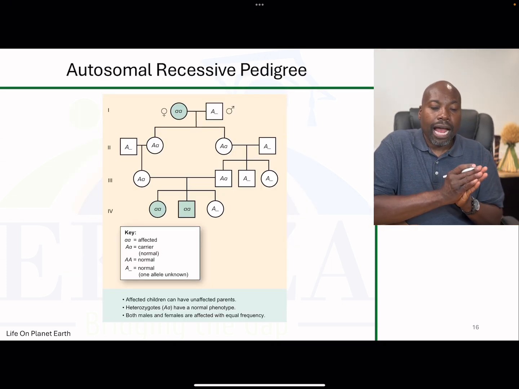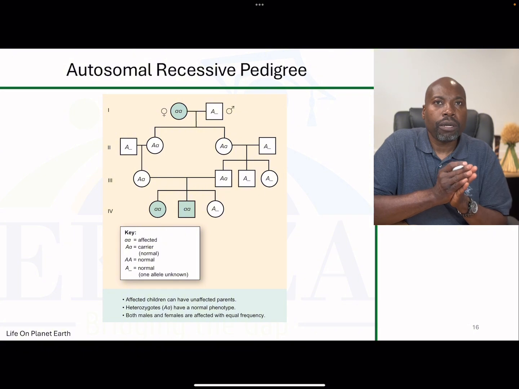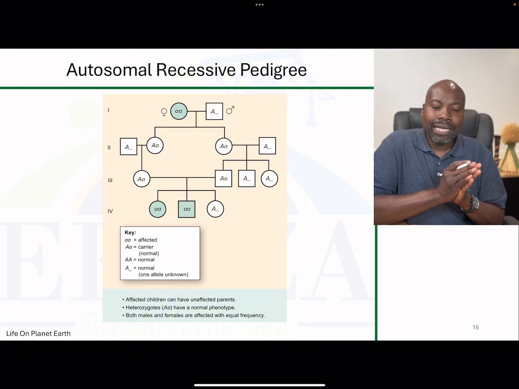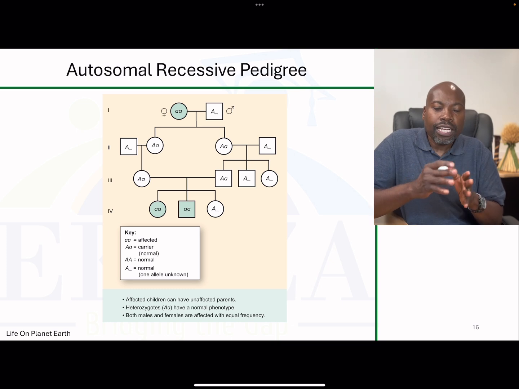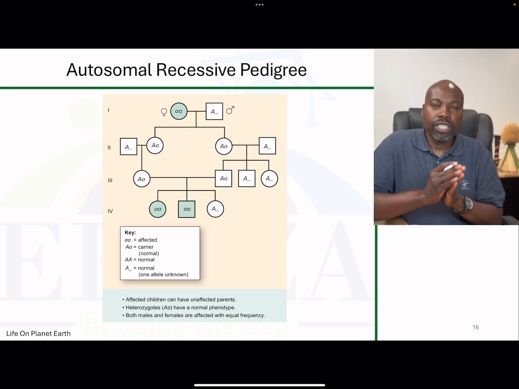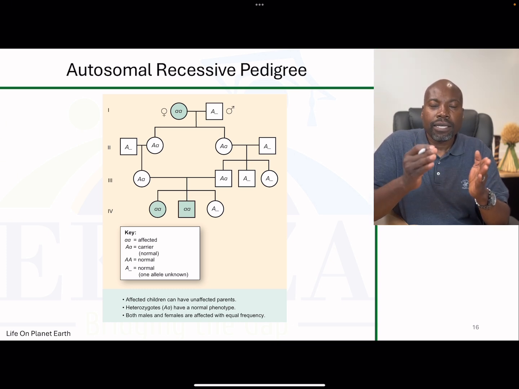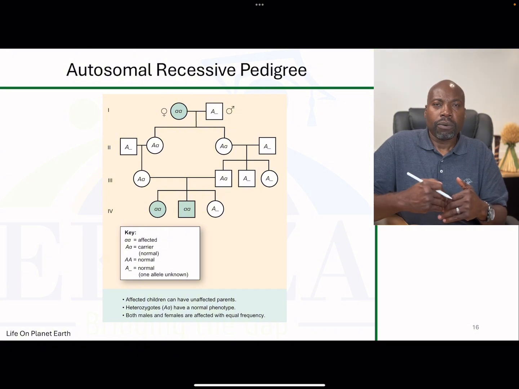Now let's take a look at some pedigrees. What do we call a pedigree? A pedigree is actually a graphic representation of the relationship between parent and offspring, right?